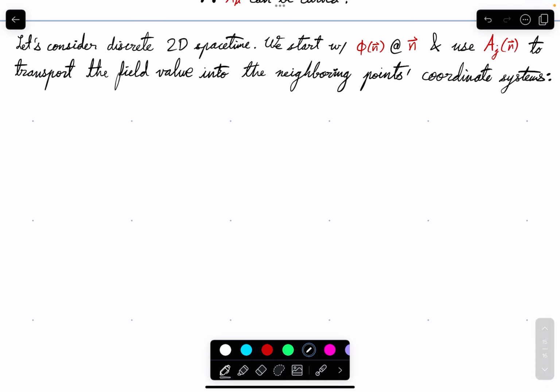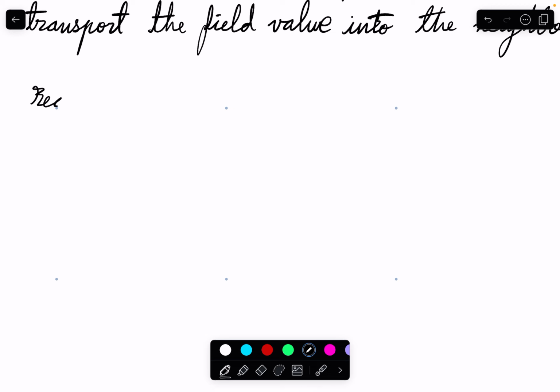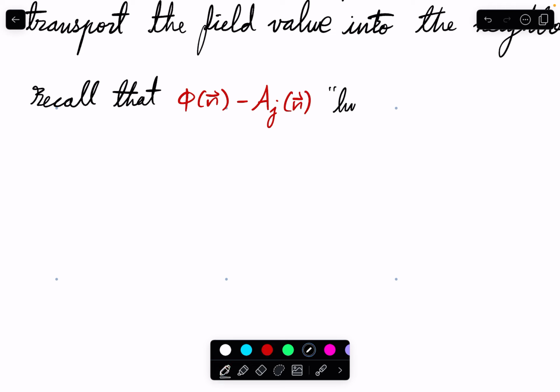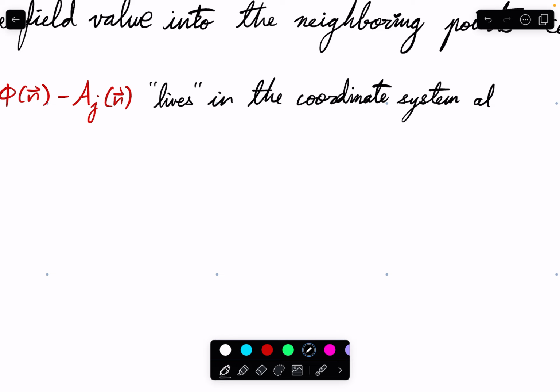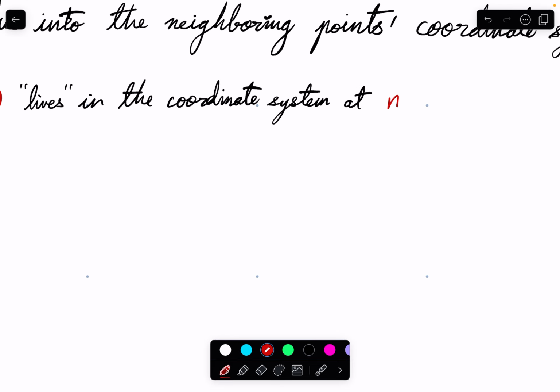So recall that phi of n minus the connection lives in the coordinate system at the point n plus e_j.